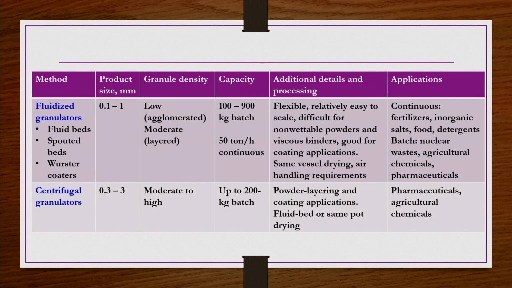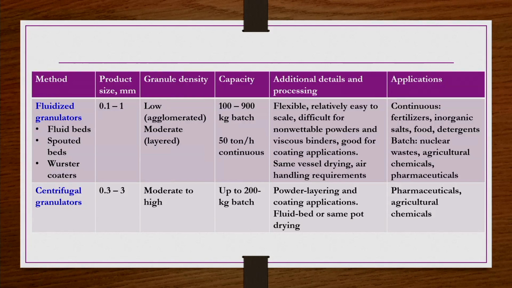The next method of size enlargement is fluidized granulators. Under the fluidized granulators we have three different types of methods available. One is the fluid beds, another one is the spouted bed, and the third one is the Wurster coaters. They are not only for size enlargement; these fluidized granulators are also used for coating or layering kinds of applications.